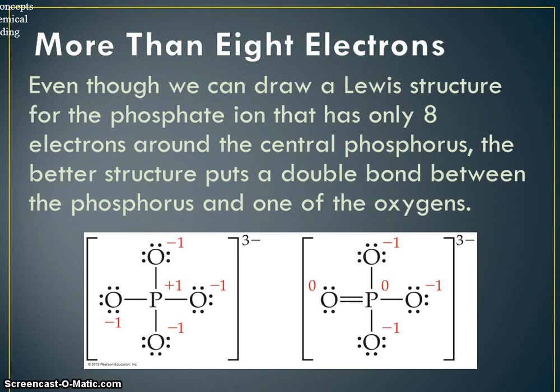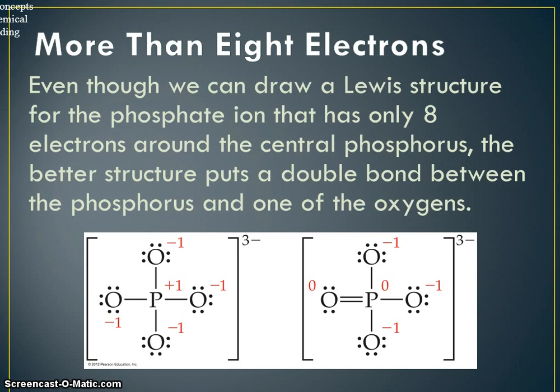Taking a look at the formal charge. And again, here's that same comparison we did with the boron trifluoride. The Lewis dot structure on the left-hand side has the correct number of electrons in terms of octets. Everything there has an octet. We see that the formal charge numbers, phosphorus is a +1, oxygen is a -1, and that makes sense. That's acceptable.